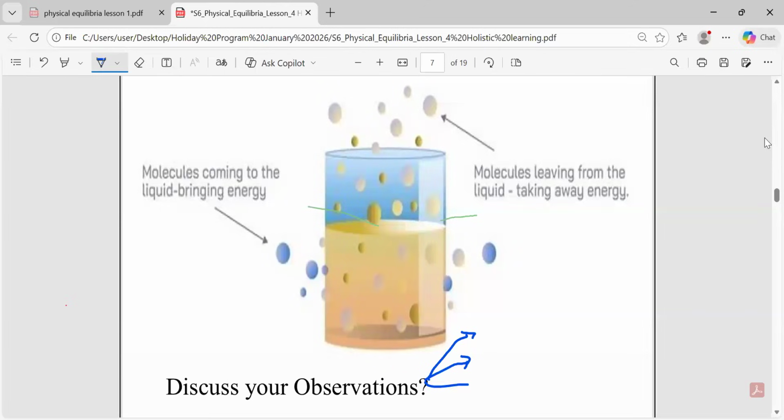According to what I observe here, we see water in a bottle, so in a container. They are showing moisture coming to the liquid, bringing energy. So what is in the container is exerting some energy.